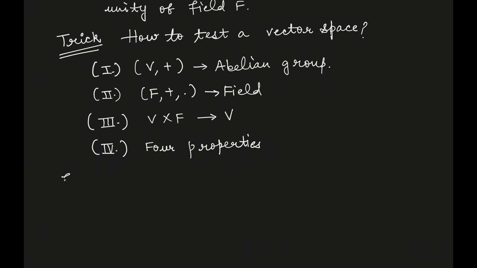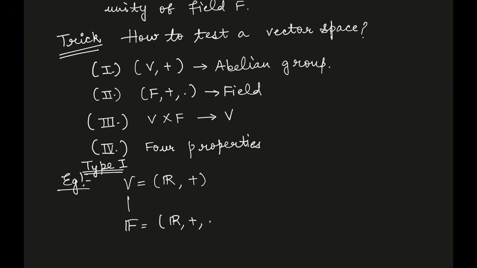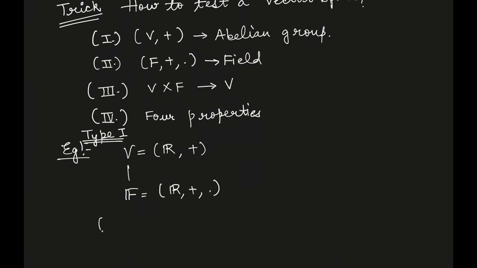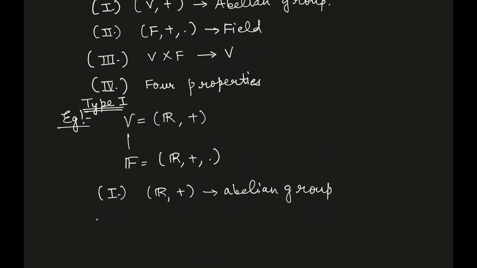For example, these are type 1 examples. If V is real with plus and field is defined as real with plus and dot. So first property, real with respect to plus is an abelian group. Real with respect to plus and dot is a field.